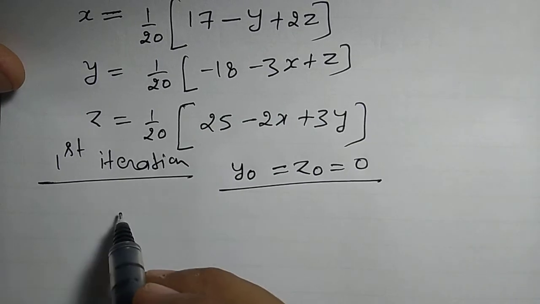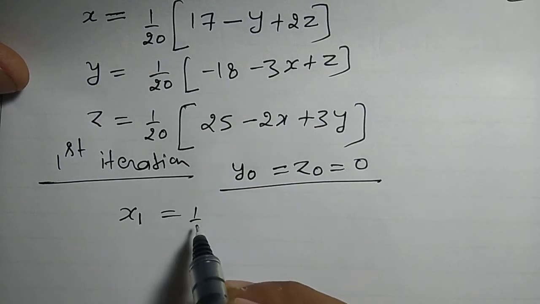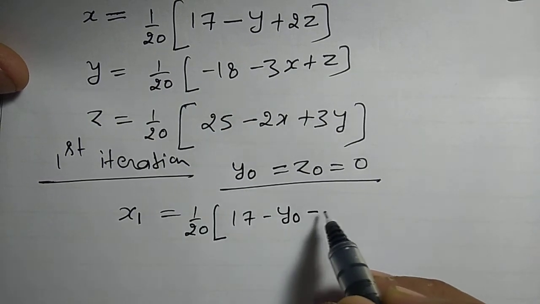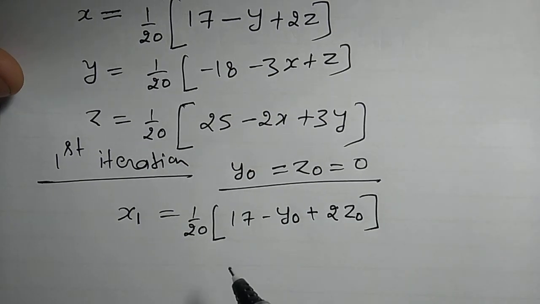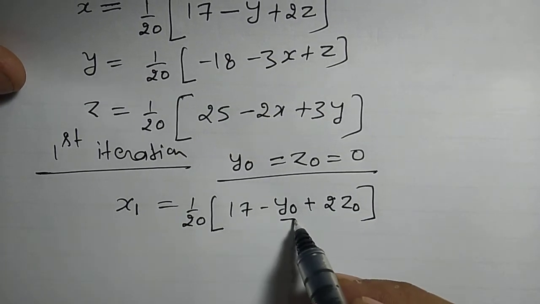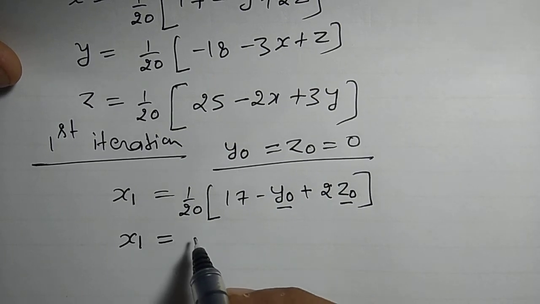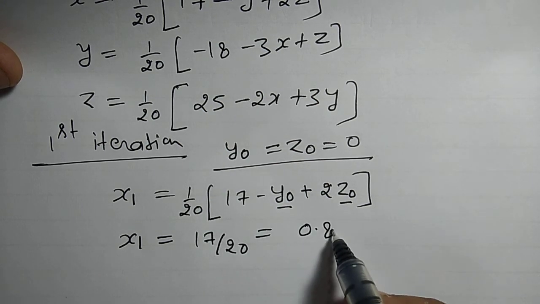So the first formula: x1, the value of x for the first iteration, equals 1/20 times (17 minus y0 plus 2z0). Since y0 and z0 are 0, x1 equals 17/20, which is 0.85.